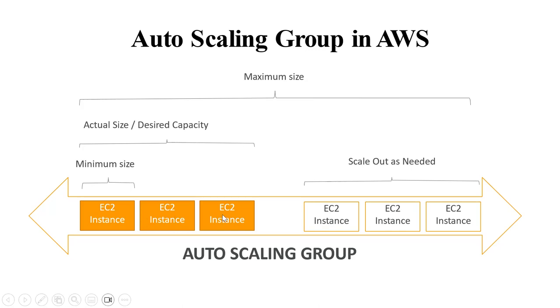That means there is no load. I can decrease and remove one instance. Then I will have two instances, and the load will be distributed. Still if it is continuing with the same 30% on these two instances, then remove one more also. Then it is coming to the minimum size. That is the scale in and scale out operations.